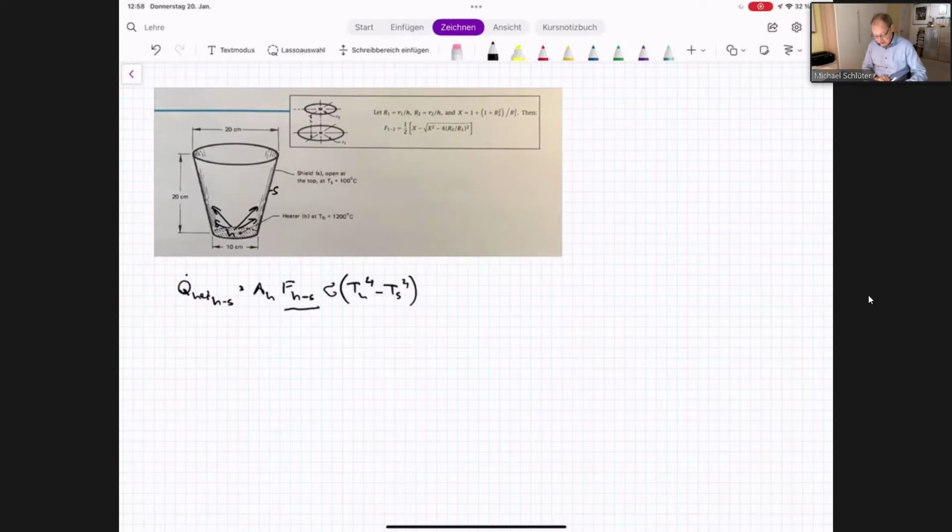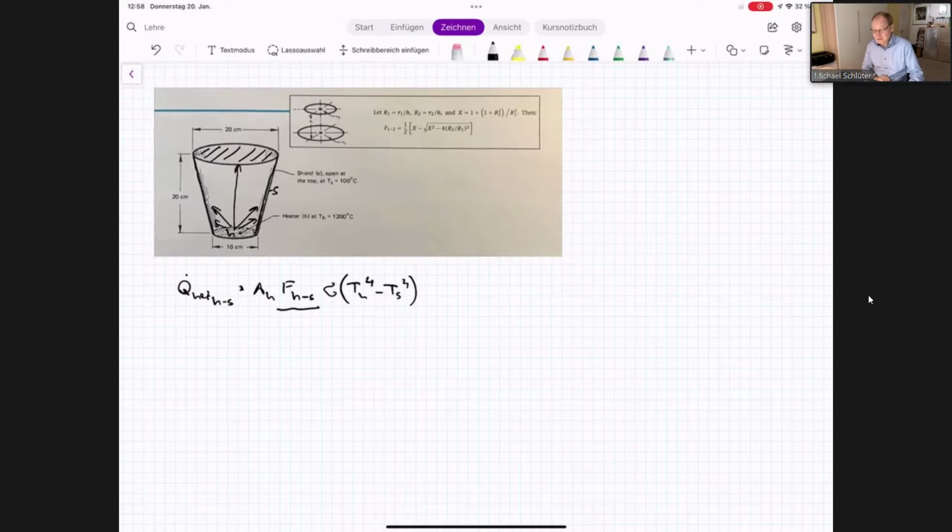So the question now is, what is F H minus S? What we are looking for is not the radiation from here to there, but we need the total radiation that comes from the system minus this area, right? So we can use this area here, and this minus the upper area.